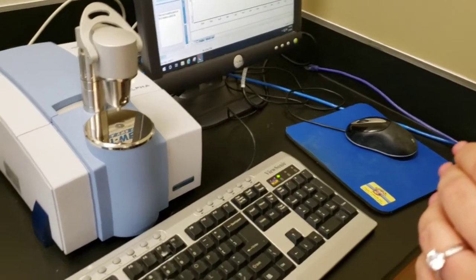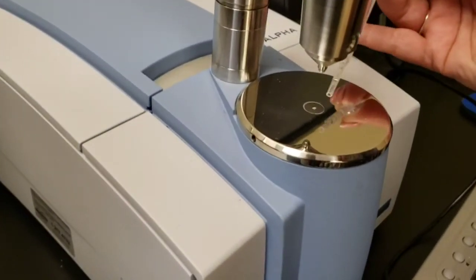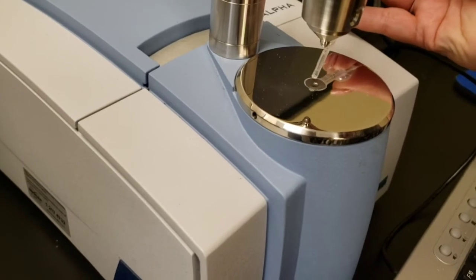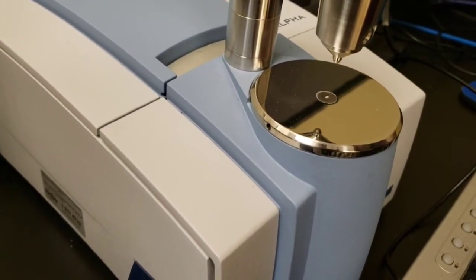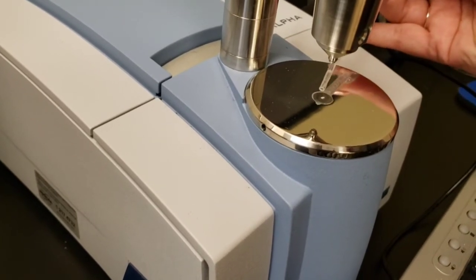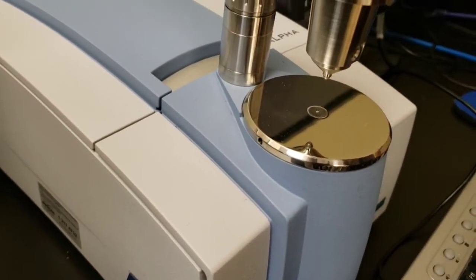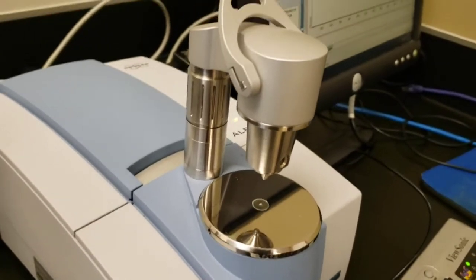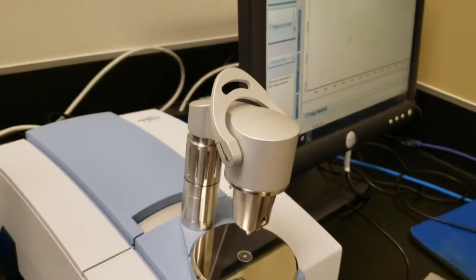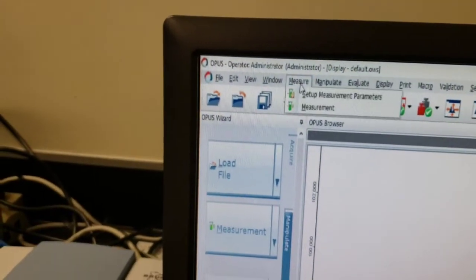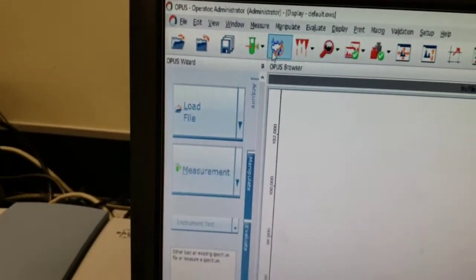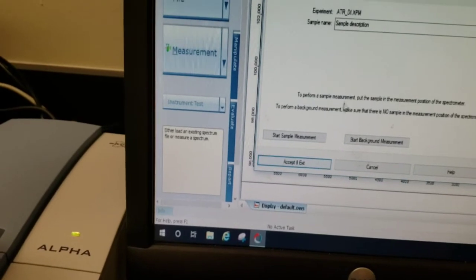Samples are administered in liquid or solution form by putting just enough of a droplet onto this sample crystal and then collecting a measurement. Go to measure, collect measurement. You have the option to give this a name.